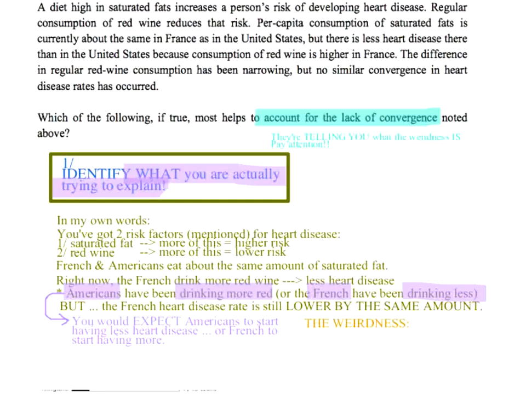So why aren't Americans getting less heart disease? Or why aren't the French getting more? Either one of those would explain the weirdness.